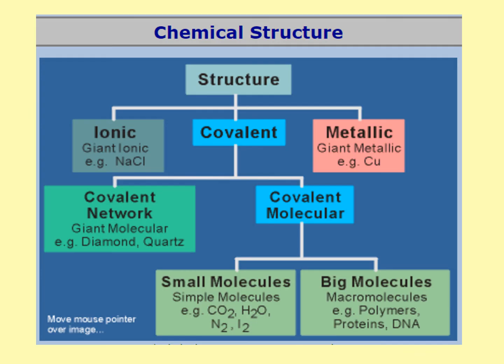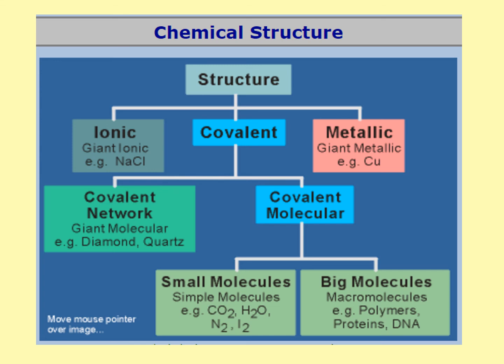All right, so here's a good flow chart to help talk about how the structure relates to the function of some substances. So three types of bonding, and then covalent, notice, is broken down into covalent network, where you could have diamonds and other things, sand, quartz.